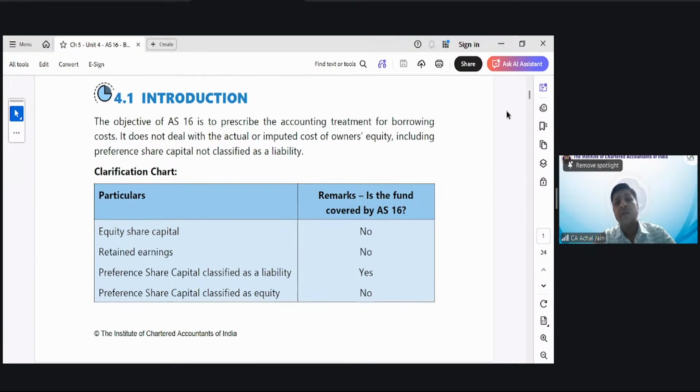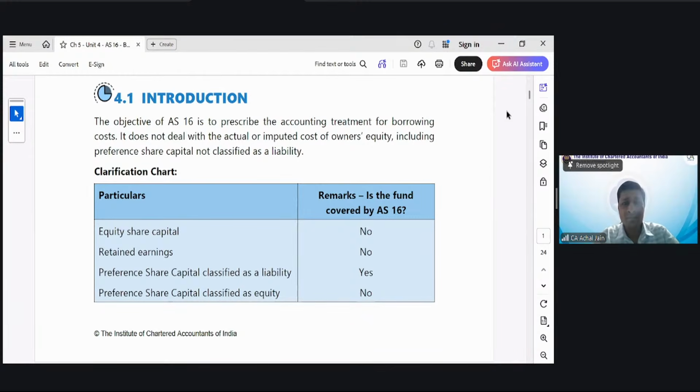Similarly, when we talk about preference shares also, let's suppose the preference shares are not redeemable, means those are convertible. In this case, will the entity be required to pay the money back? Answer is no. So should such an instrument be considered as a liability?